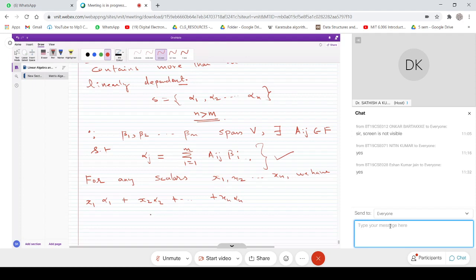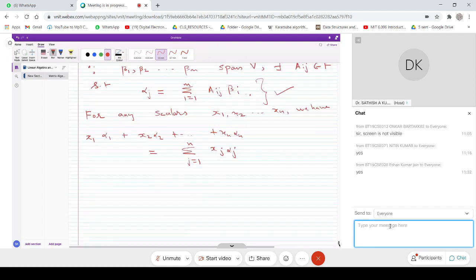Now I can write, summation over j equal to 1 to n, xj into alpha j. This is x1 alpha 1, x2 alpha 2, etc., xn alpha n, which is summation j equal to 1 to n of xj into alpha j. Since n is greater than m, I can make use of alpha j by definition.